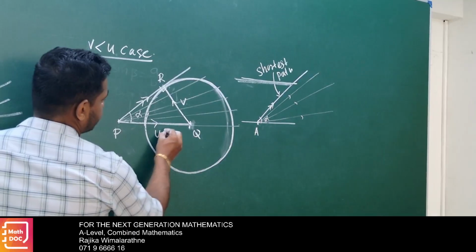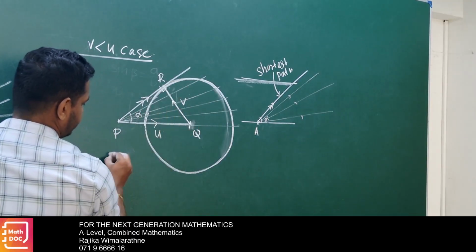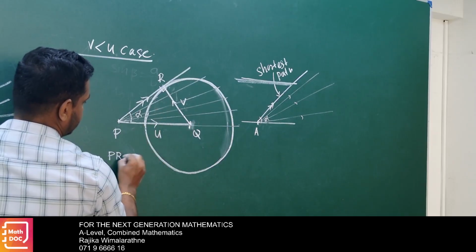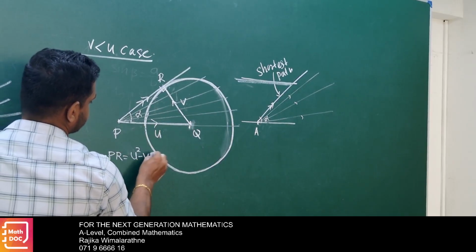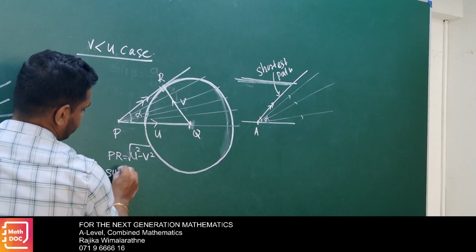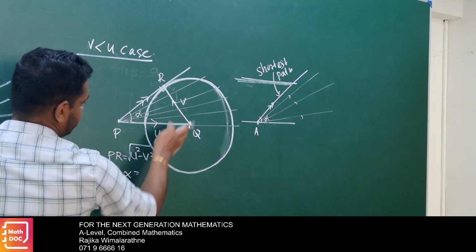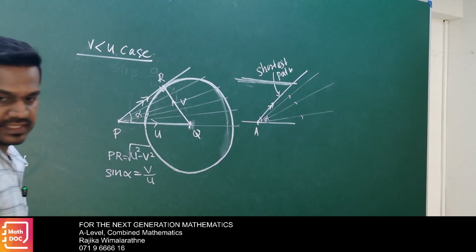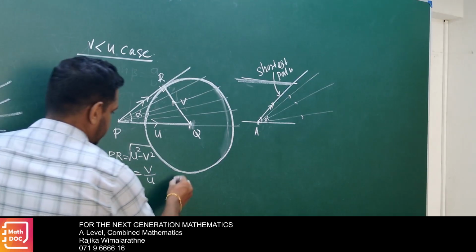Now here U known, V known, you can find PR, no? PR, by the Pythagorean theorem, is the square root of U squared minus V squared. Then the alpha value: sin alpha is V divided by U. Then you can find any other trigonometric ratios.